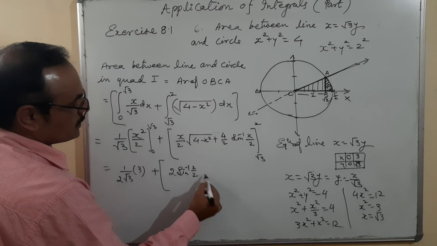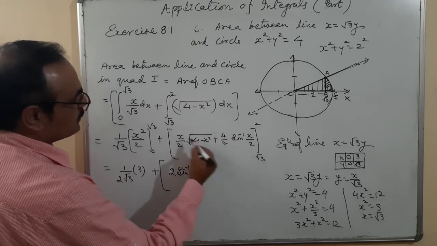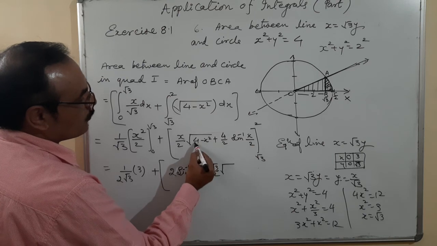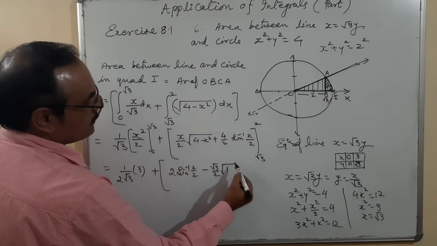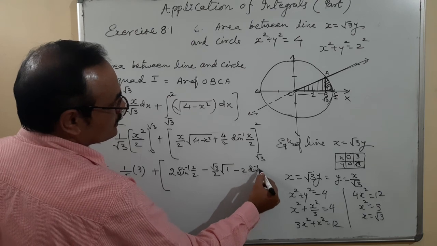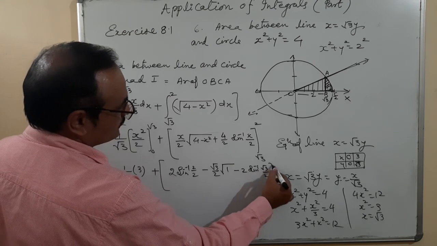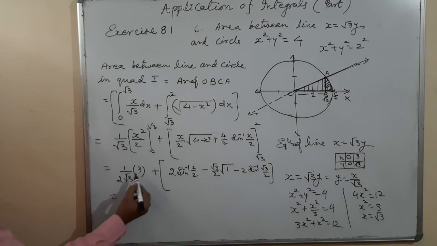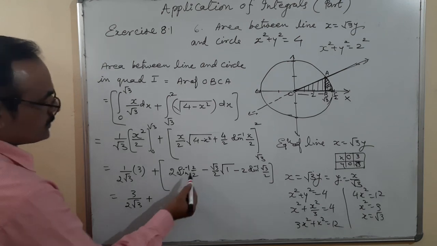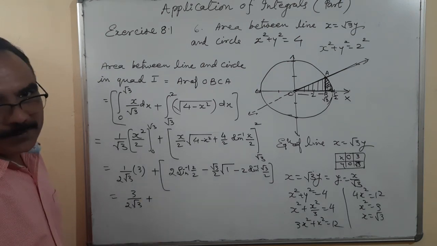Sine inverse 2 upon 2, minus lower limit root 3 by 2 under root 4 minus 3, 1, minus 4 upon 2, 2 sine inverse root 3 by 2. So it is coming 3 upon 2 root 3 plus 2 sine inverse 1, that means it is pi by 2.